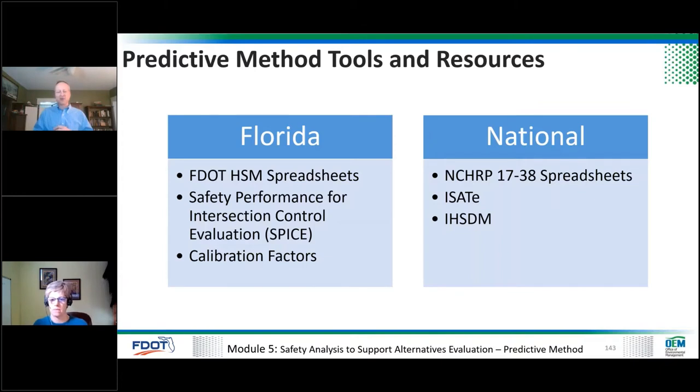So that is just something to keep in mind. As you're picking tools and scoping out your project, if you know you have a one-way road that you need to evaluate, you're going to have to use IHSDM to evaluate at least that piece of road. You can mix and match, because the equations are the same, but some tools can do certain things and some can't.